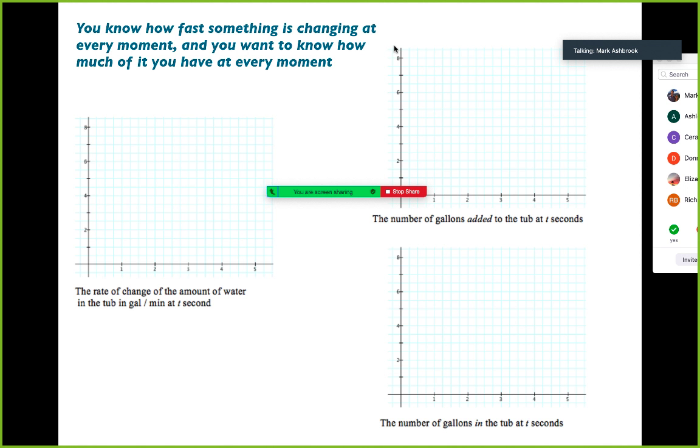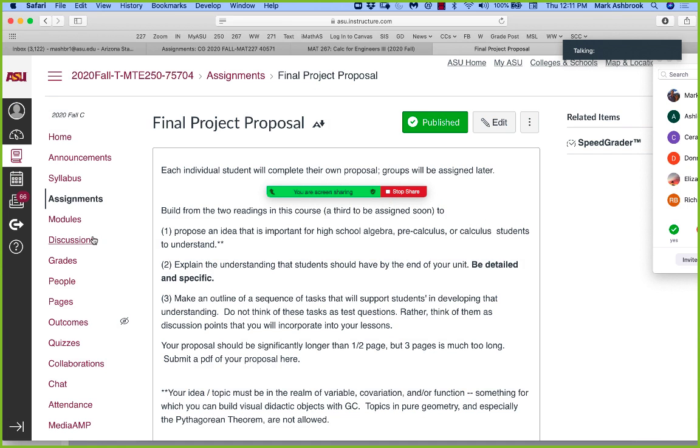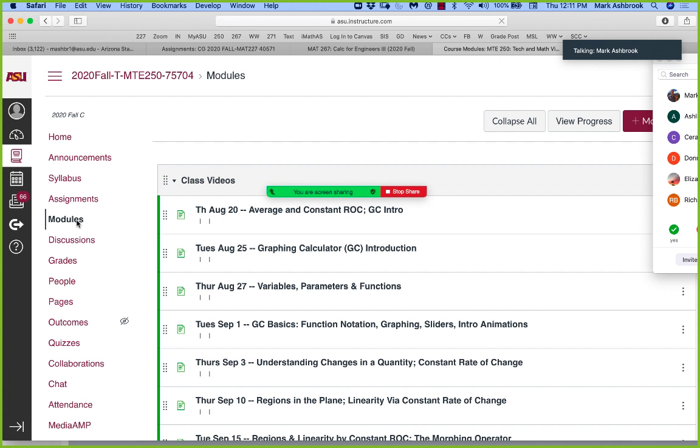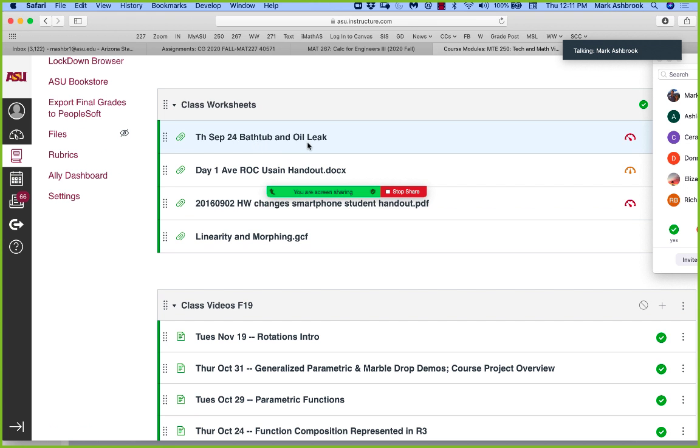So to get us started on this, to make sense of the functions that are involved with this, I have a handout that you should go to Canvas, and the first page looks like this. There's 3 graphs, one on the left, 2 on the right. And if you go to the module with the handouts, so if you go to modules, and go to class worksheets, the first one, bathtub and oil leak.